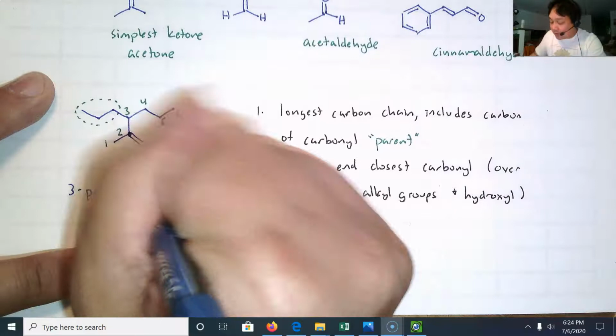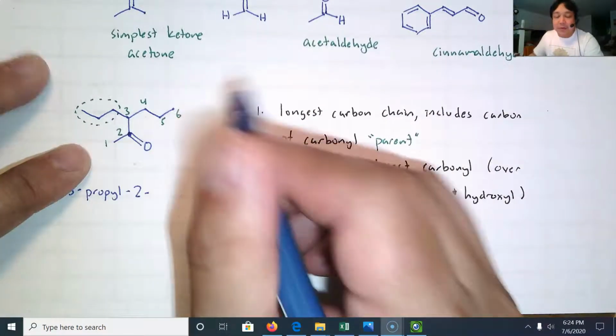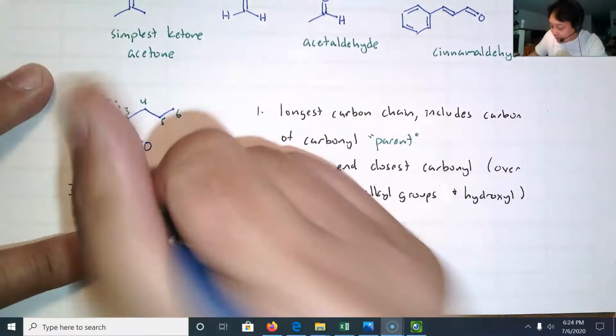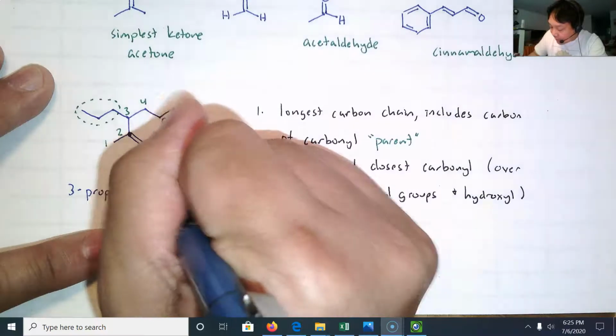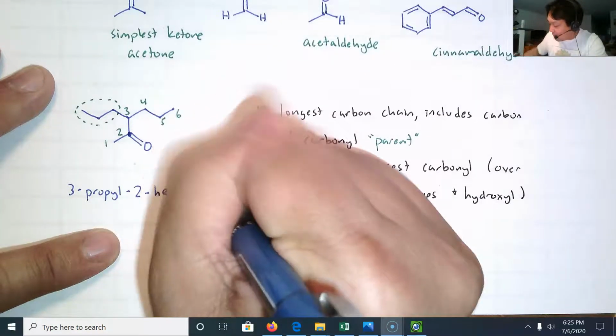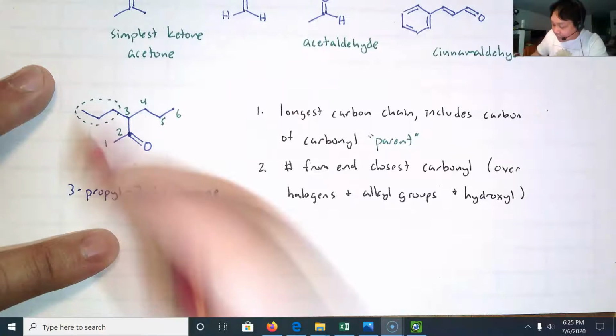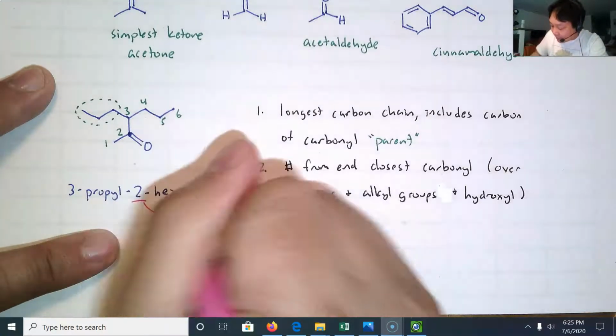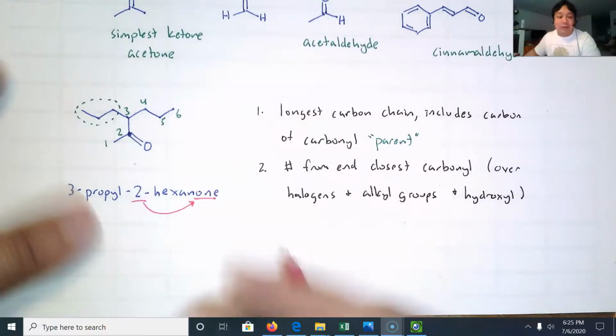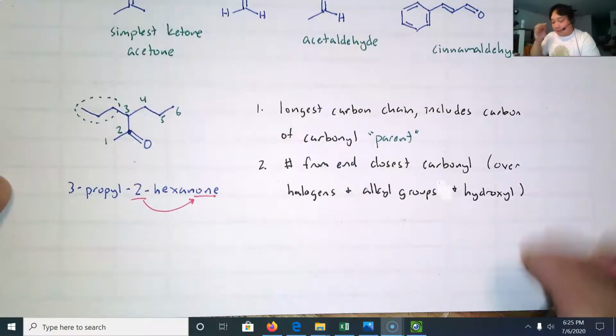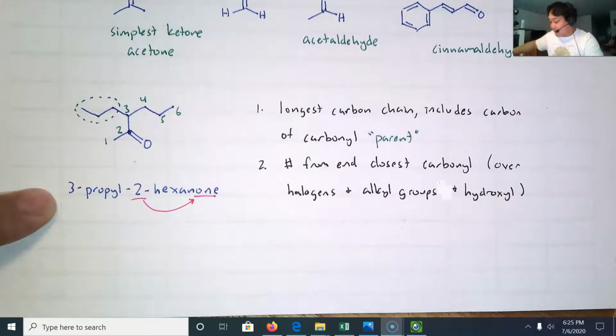This is 2. Instead of hexane, we get rid of the E and add O and E. Hexanone. And again, this 2 tells you where the ketone is, or the carbonyl group of the ketone is. And obviously we have our substituent.